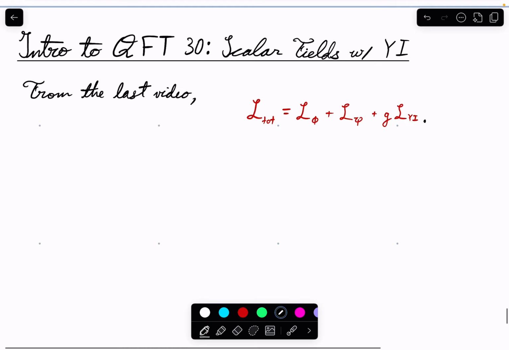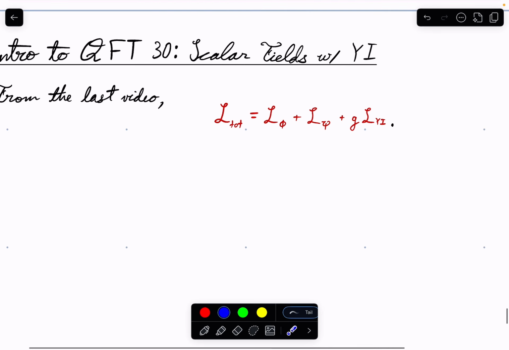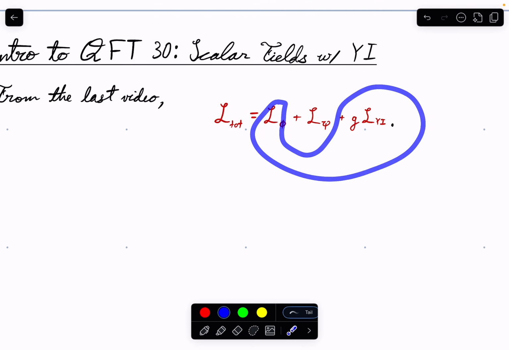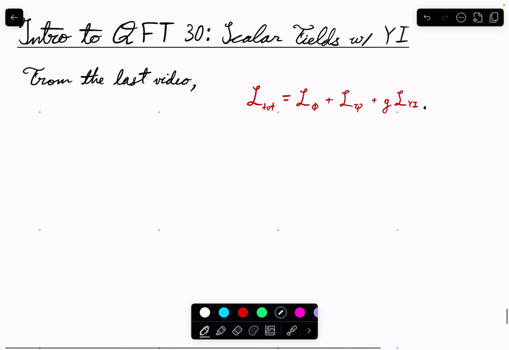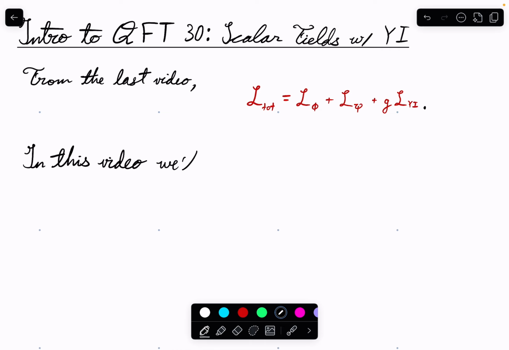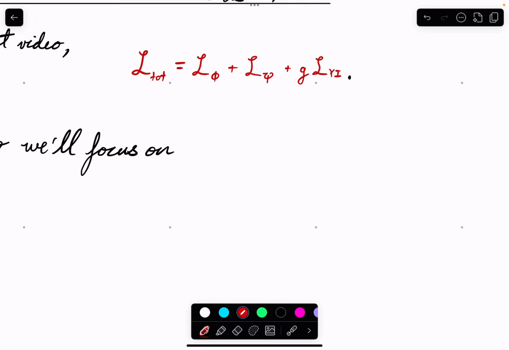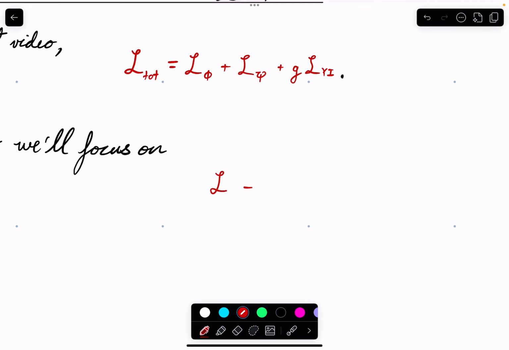And in this video, specifically, we will focus on this right here. We will focus on using a Lagrangian which is just going to be the scalar Lagrangian and the Yukawa interaction.